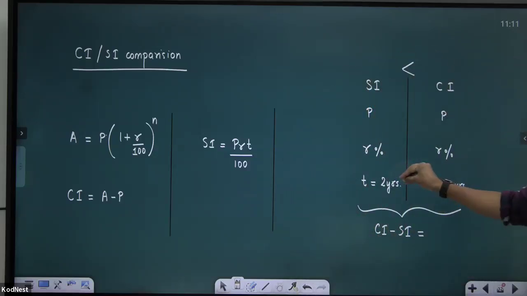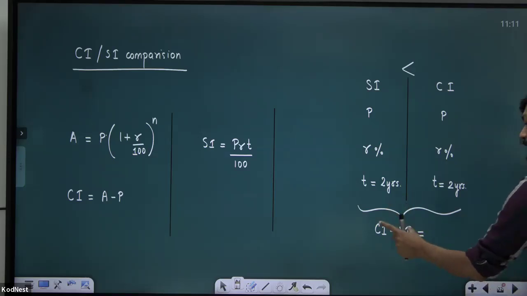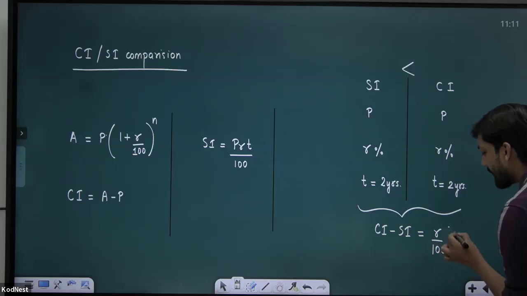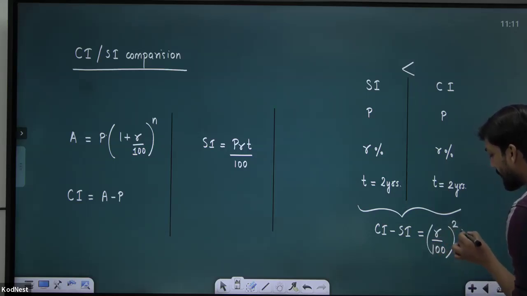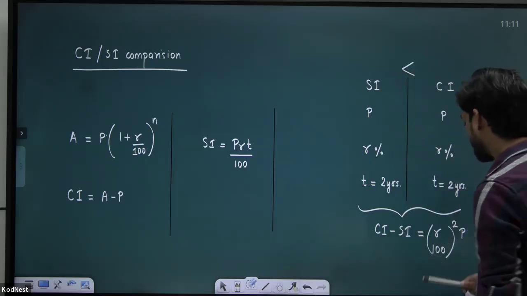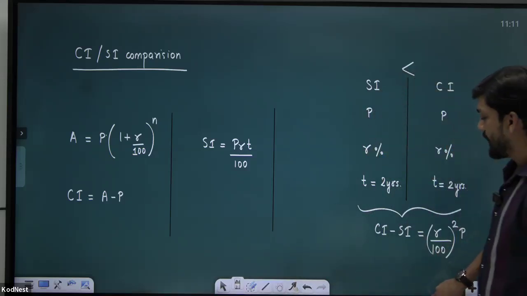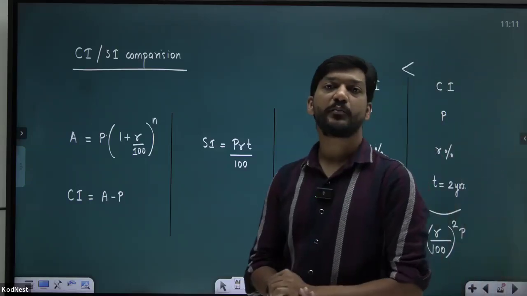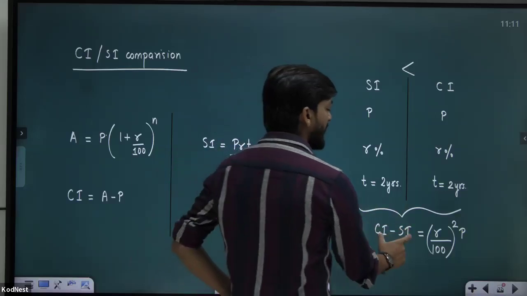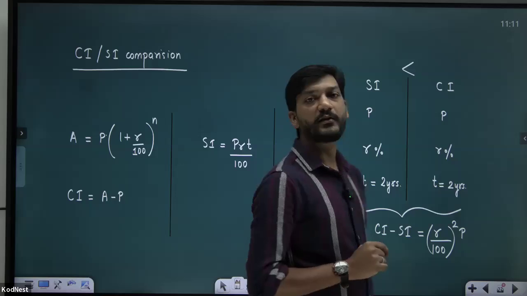Okay, for 2 years, there is a formula that CI minus SI will be equal to (rate of interest divided by 100) square into P. This is what you will observe. Okay. So this is your formula for the comparison. Comparison means difference. So the difference of CI minus SI will be equal to this. We just need to put the values. We will get our answer.